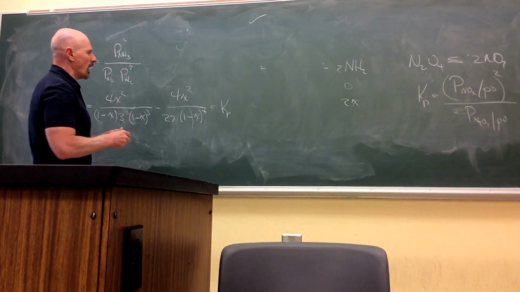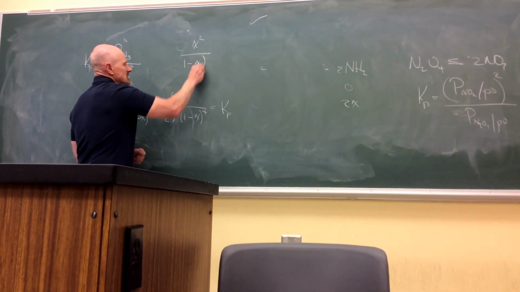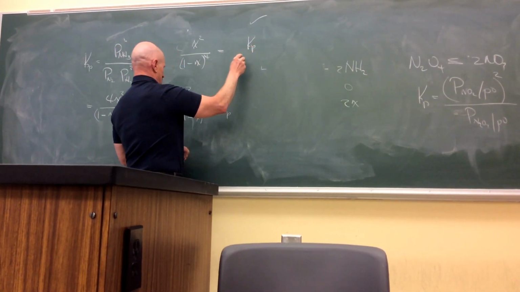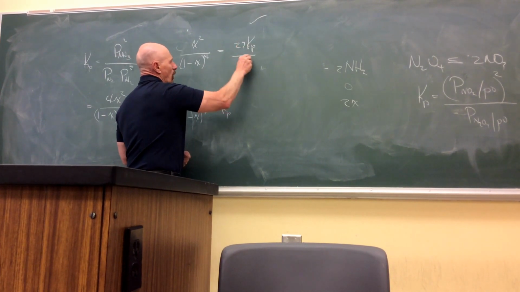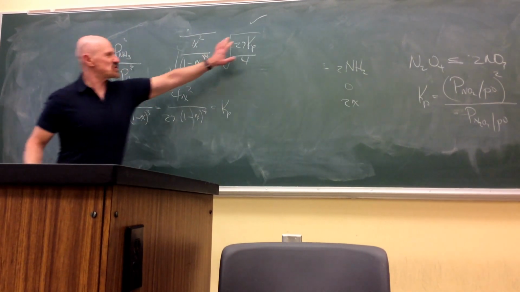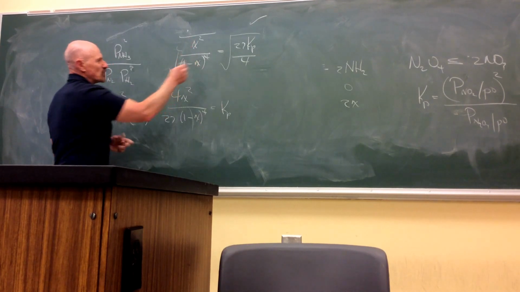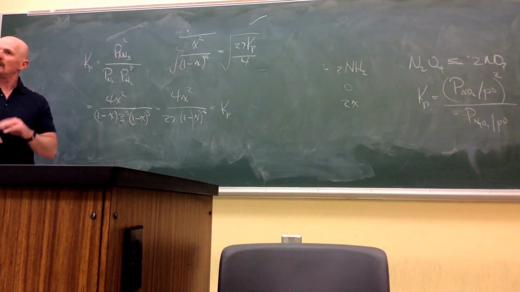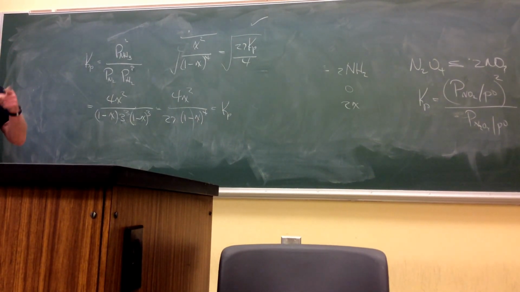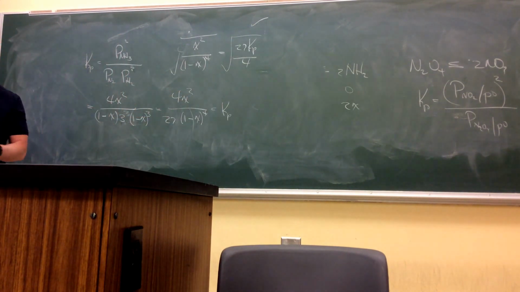Bring the constants across, so you'll have x squared over 1 minus x to the 4th is Kp times 27 over 4. Take the square root of everything. This is just a collection of constants. So you take the square root, that gets you x over 1 minus x squared. You can make it into a quadratic equation and solve it that way. But that's the trick to doing this one: put it in this form, take the square root of everything, and then you can finish up your arithmetic.